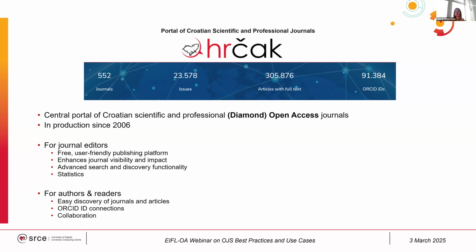Editors also benefit from advanced search and discovery functionalities, and they have access to journal statistics as well as article statistics. For authors and readers, Hrčak offers easy access to journals and articles, which makes research more discoverable.